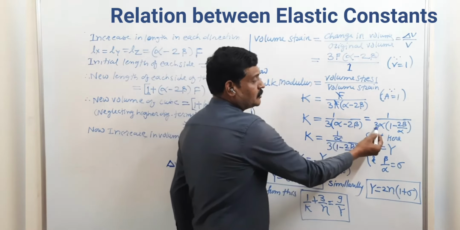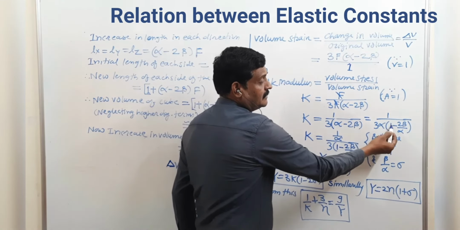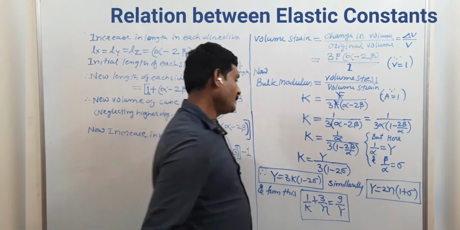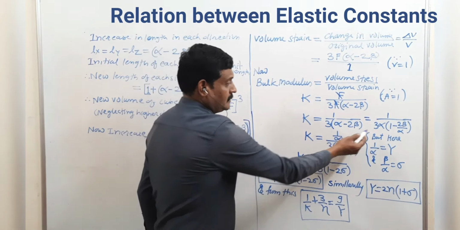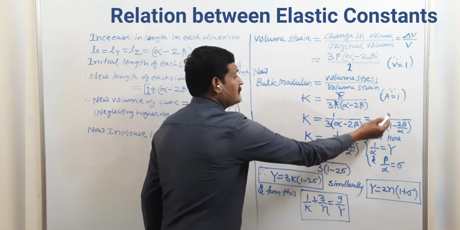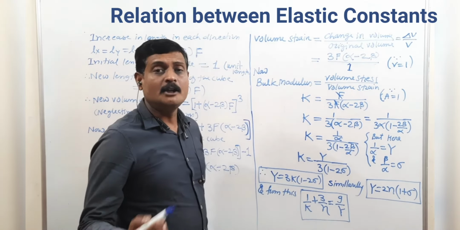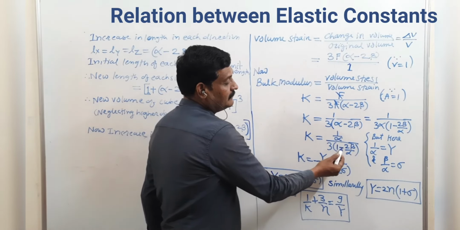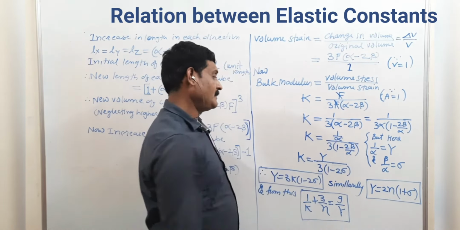Alpha is common, so 3 alpha in bracket (1 minus twice beta by alpha), 1 upon. This alpha is taken in the denominator. So K is equal to 1 upon alpha, 3 (1 minus twice beta by alpha).